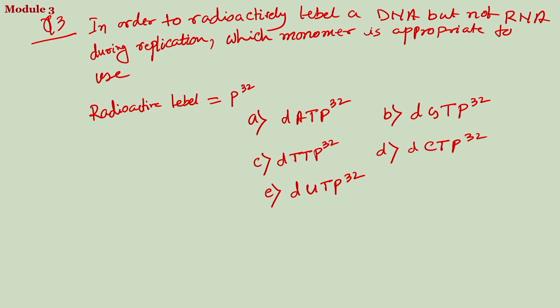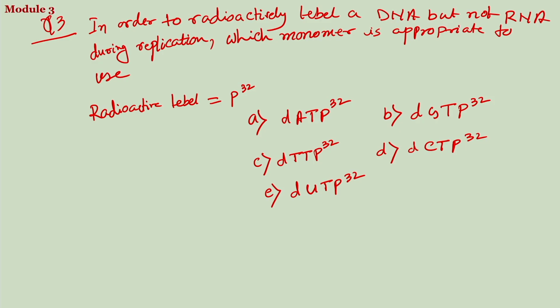Now, target DNA is there, target RNA is there, both are having the amplification, which essentially means that you have a DNA polymerase, you have the RNA polymerase also, and all these dNTPs. Now, you find out the monomer which is exclusively used for DNA and not RNA.